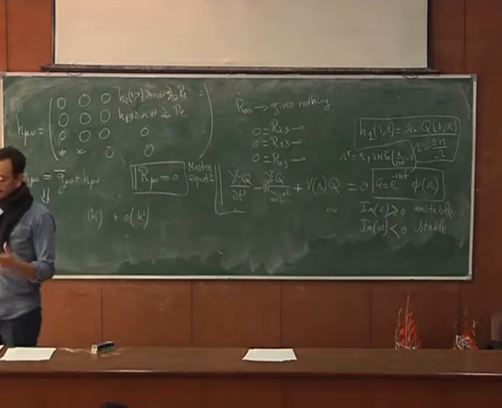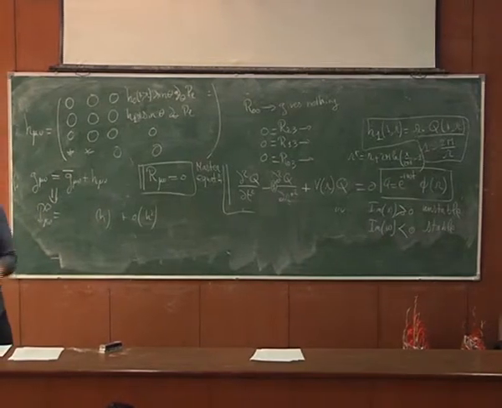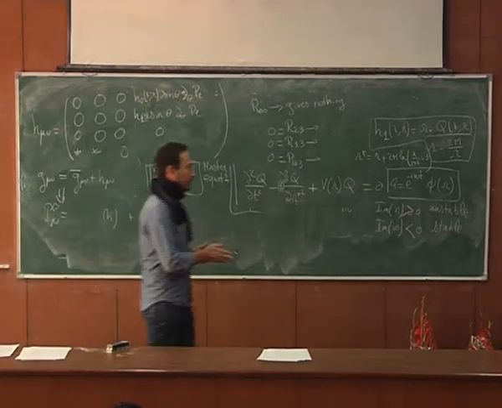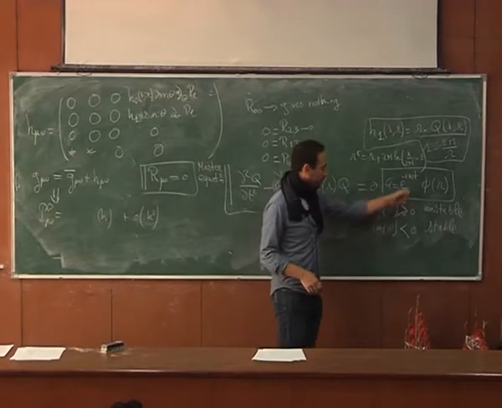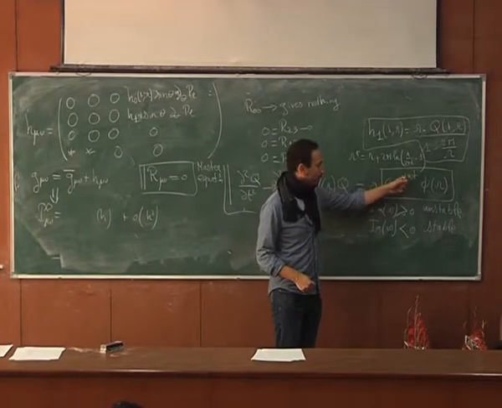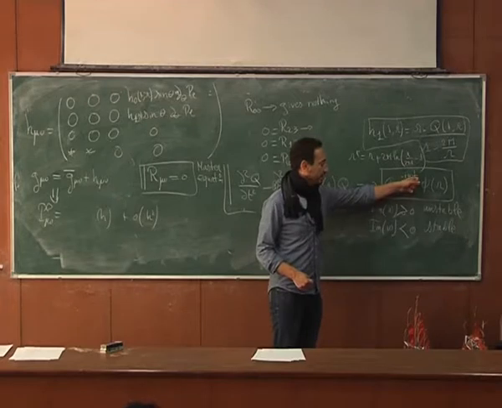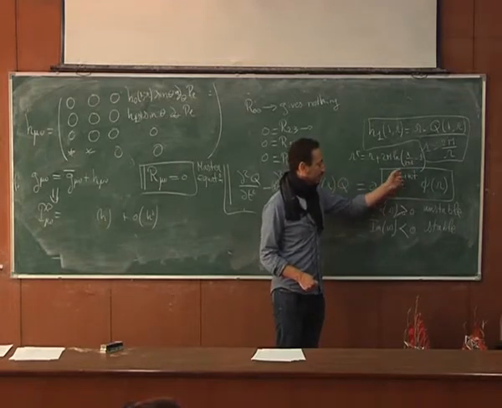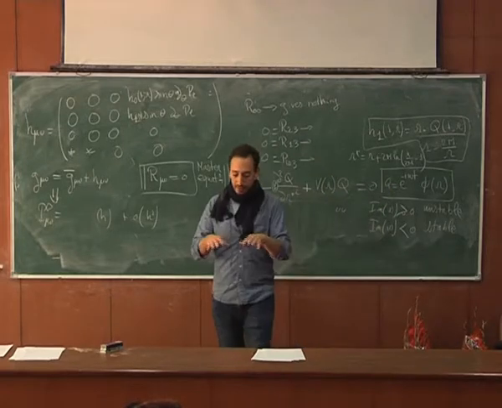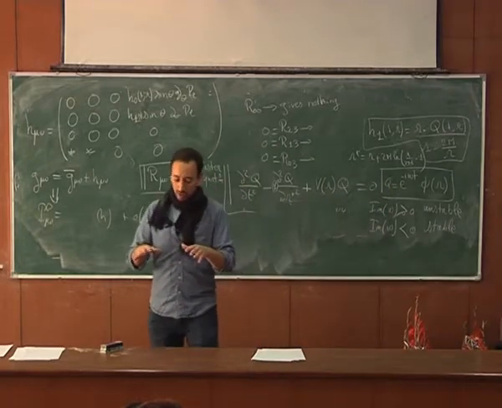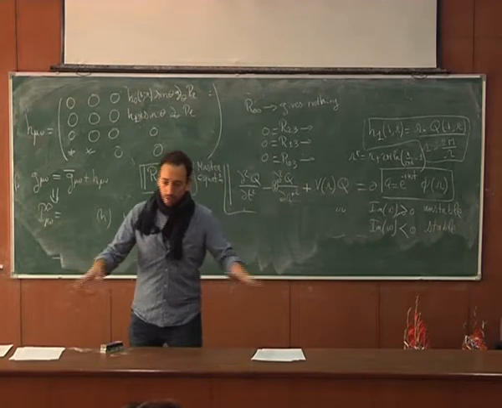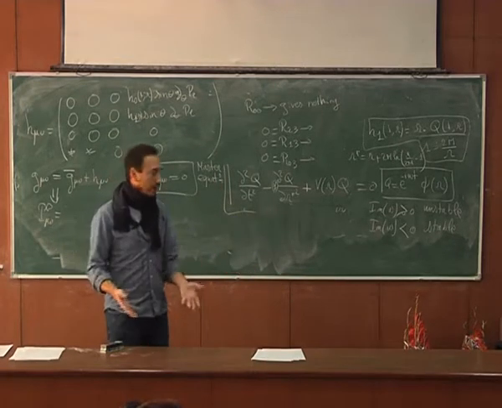So the sign of the imaginary part will tell you if it is stable or not, because if the imaginary part is negative, then you get minus t, and when time grows, that exponential will decay and Q will go to 0. So what it means is that you have a perturbation initially, that perturbation will just go away and it will become 0, so your black hole is stable.